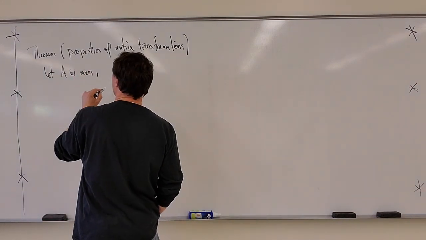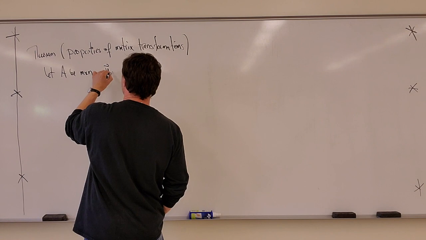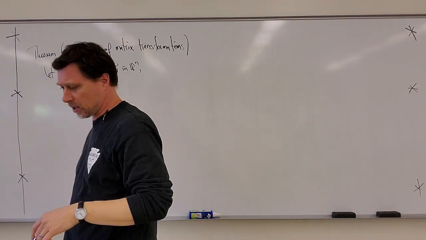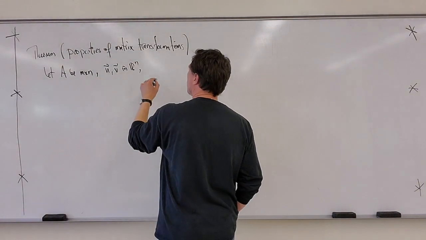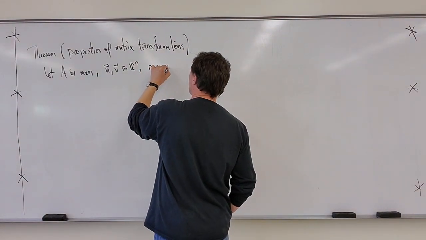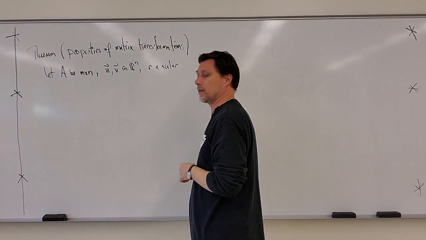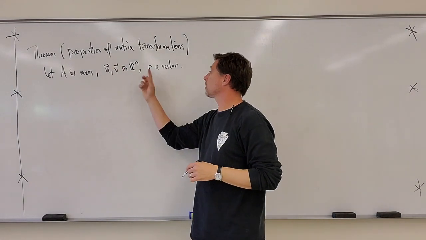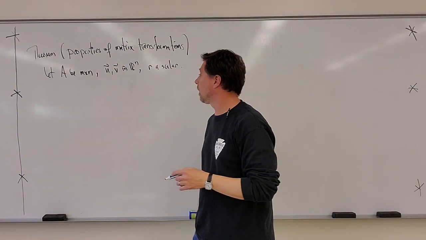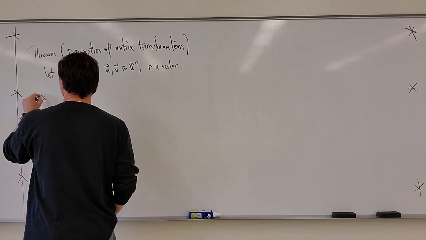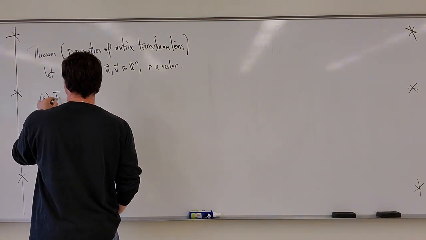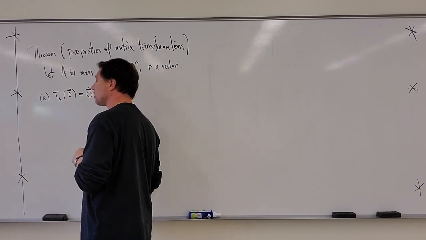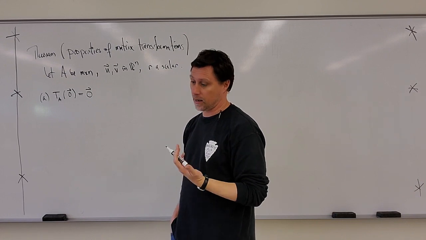Let's take a couple of vectors, u and v in Rn, and I also need a constant. Let's just call it r, a scalar. A scalar is just a fancy name for a real number, a constant. First property, property A: T sub A of the zero vector is equal to the zero vector. So if you input the zero vector, you get out the zero vector.